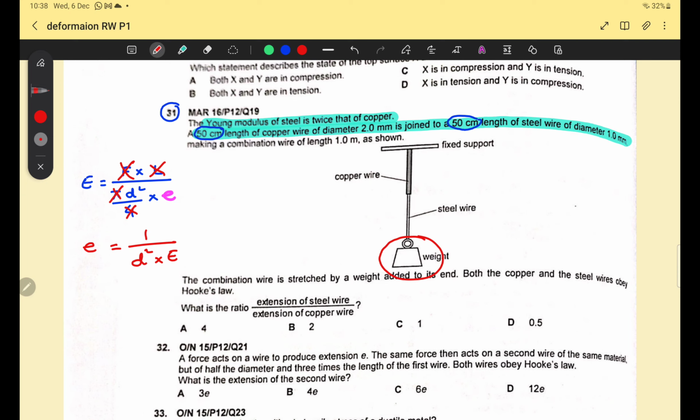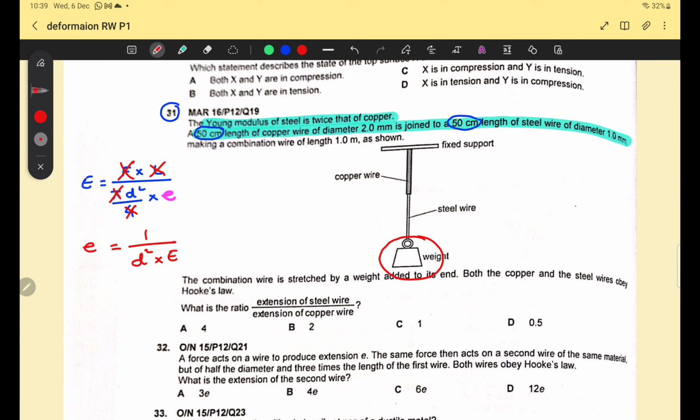Same load is hung, so force is the same because one load is hung for the two wires. The first wire is copper wire, the other wire is steel wire. So the load is the same, and I have cut force.